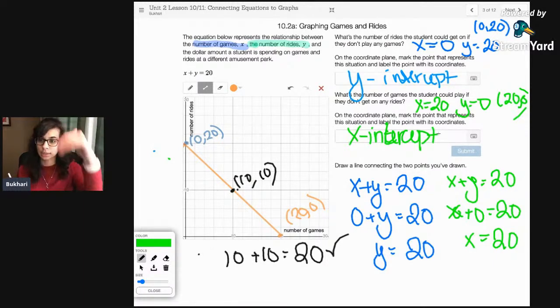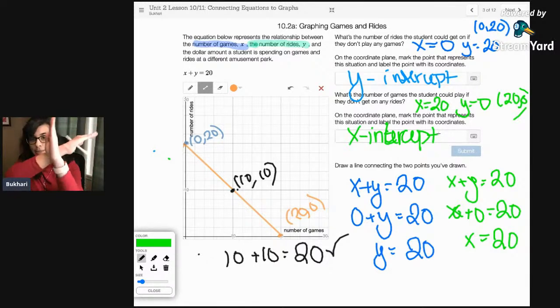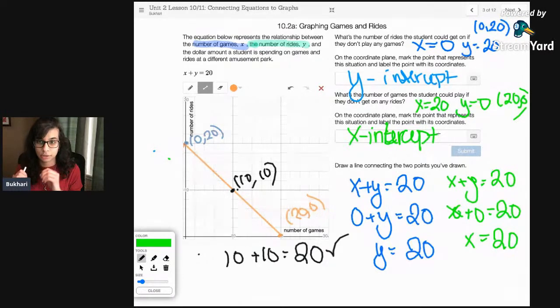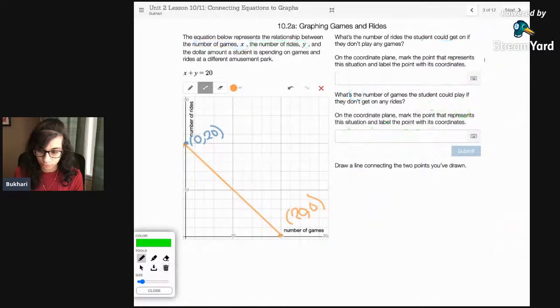This is where it intercepts the x-axis when y equals 0. The y-intercept is when x equals 0, and it intercepts our y-axis. And then we have our x-intercept that intercepts the x-axis, so it's when y equals 0. And so that's super helpful when you are graphing your equations and figuring out how to create your equations that way.